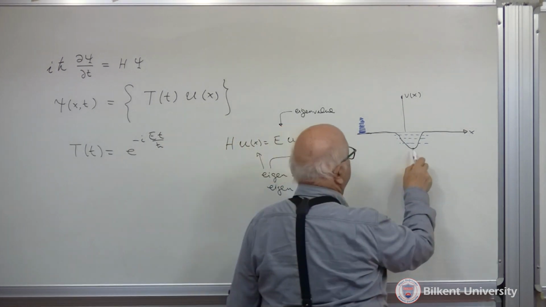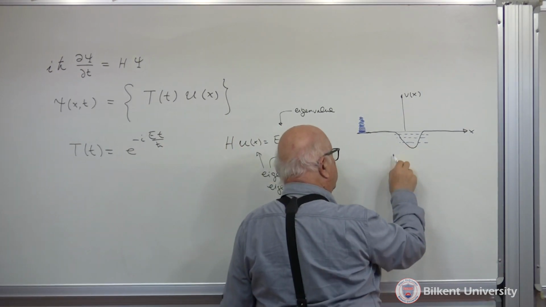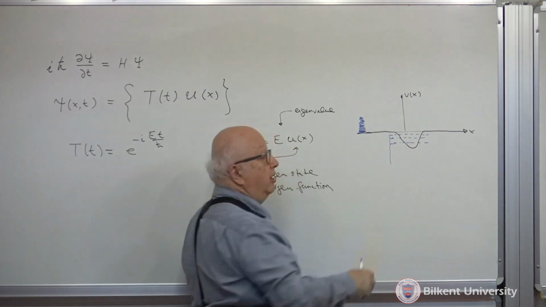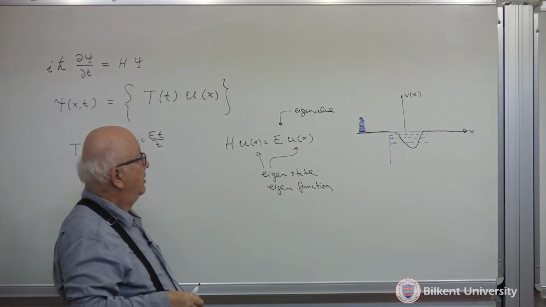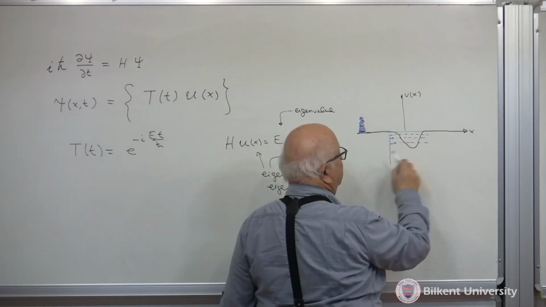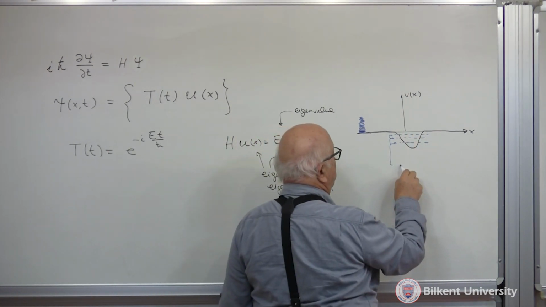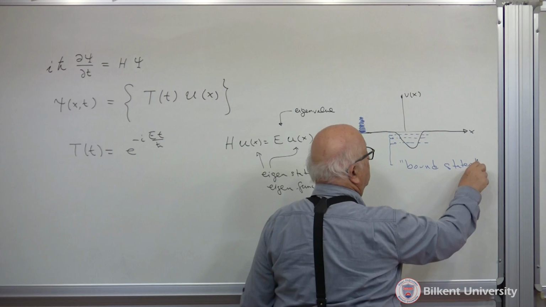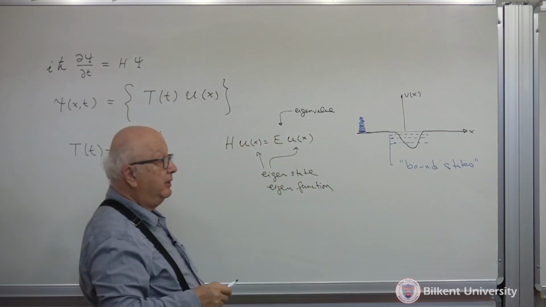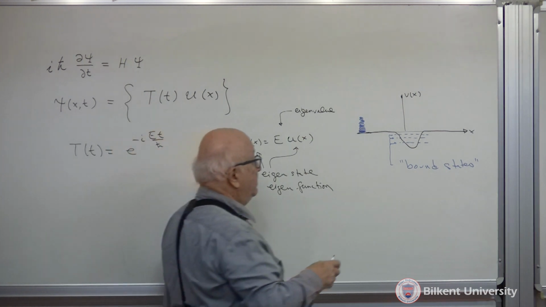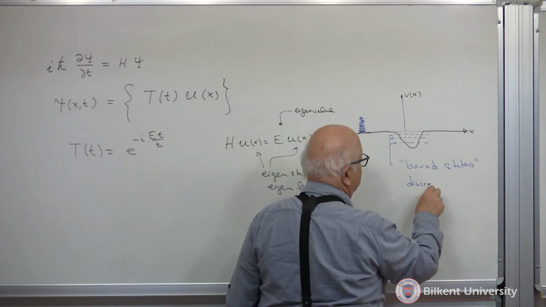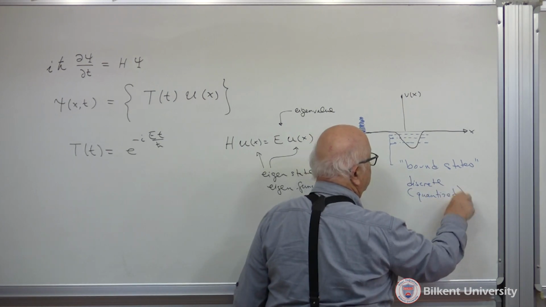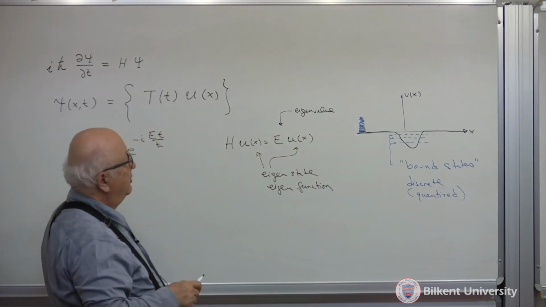Okay, so for these states, which are now localized to some region where the potential is negative, these things are called the bound states. So they are bound to this region of space. Okay? And they are discrete or quantized. That's where the terminology quantum comes from anyway. Okay?